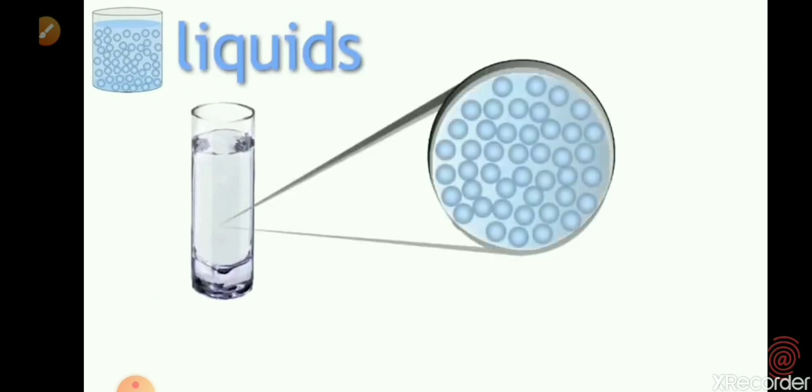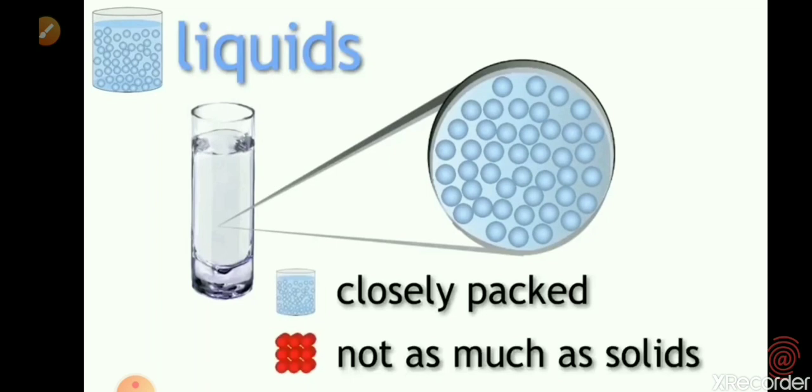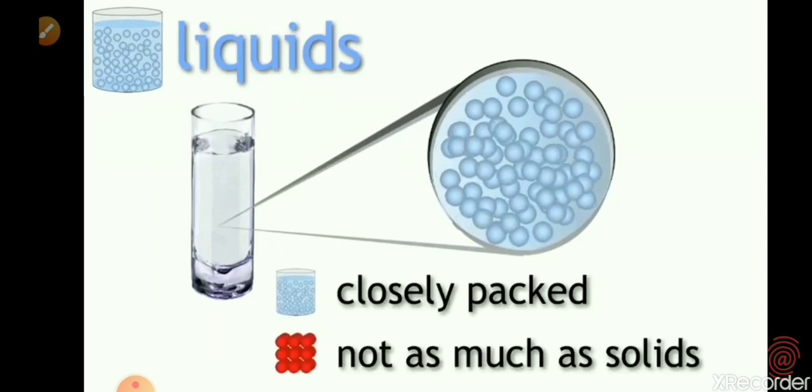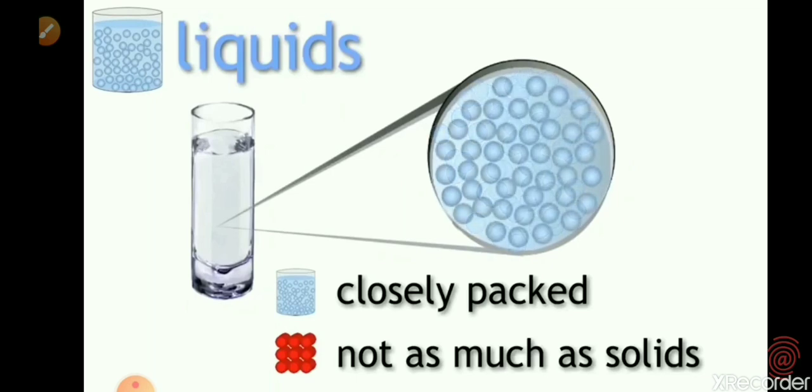But when we talk about liquids like water, milk, juice, cold drinks and all beverages, the particles are not as tightly packed as in solids. So they can move and slide over each other. This makes liquids flow and take the shape of the container they are poured into.